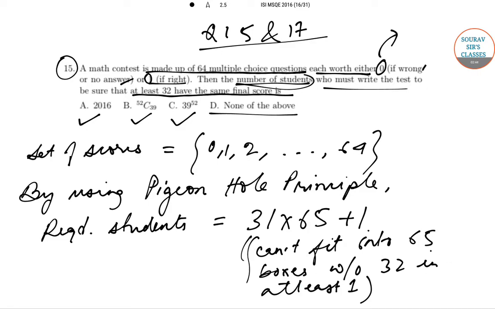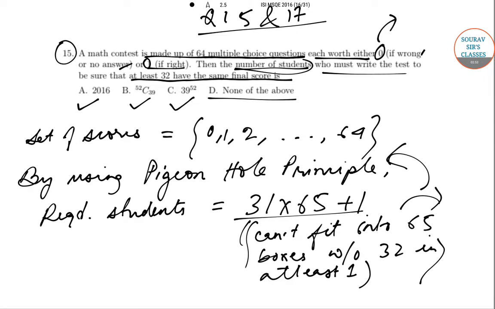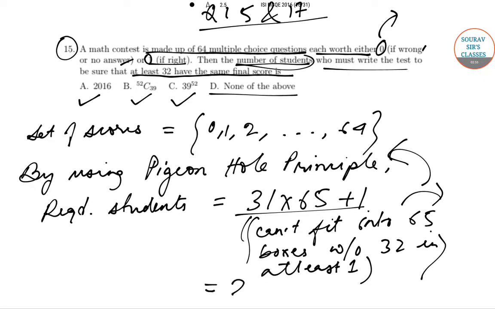This is the analogy that we are using from the pigeonhole principle. So upon solving this, we find that 31 into 65 plus 1 is equal to 2016, which is option A.